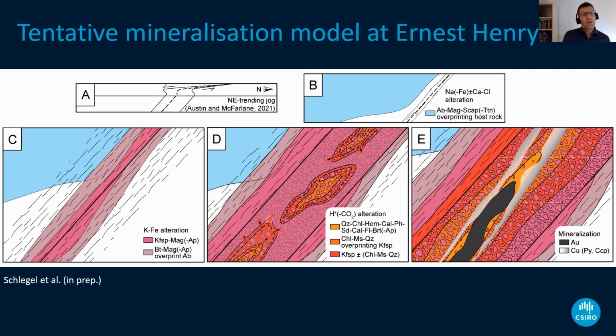And so you go towards the hydrolytic alteration, and this sort of Mickey Mouse interpretation shows the effect of the hydrolytic alteration on the earlier K-feldspar chlorite alteration. So that we have pretty acidic fluids that start to replace predominantly smaller grain sizes, or basically the breccia matrix, by chlorite, muscovite, quartz, and then eventually into quartz, chlorite, hematite, phengite, chlorite, calcite, fluorite, and in the center, barite and apatite.